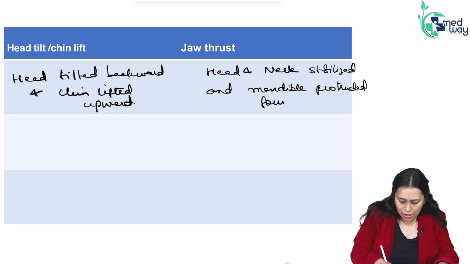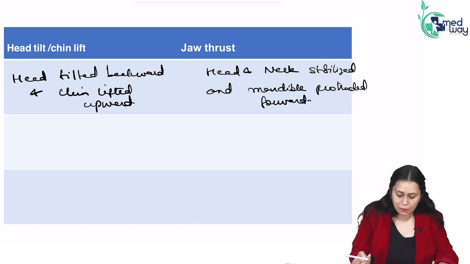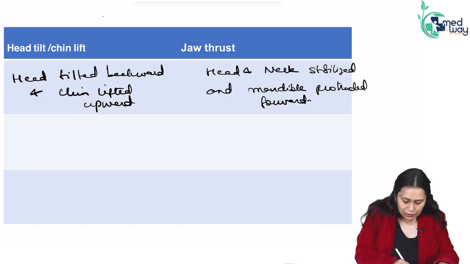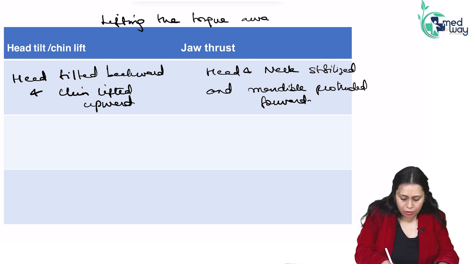So both the maneuvers are doing the same thing in two ways. They both are lifting the tongue away from the posterior wall of the airway, from falling on the posterior wall of the airway. So both the maneuvers are doing the same work.